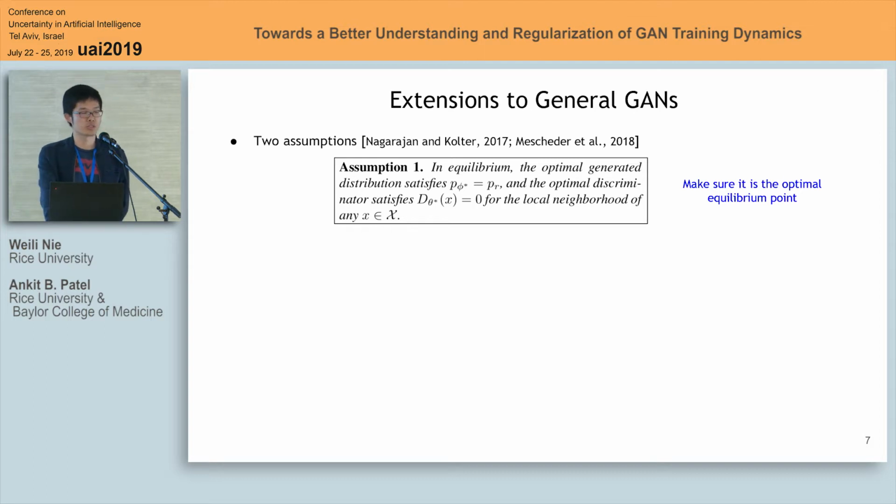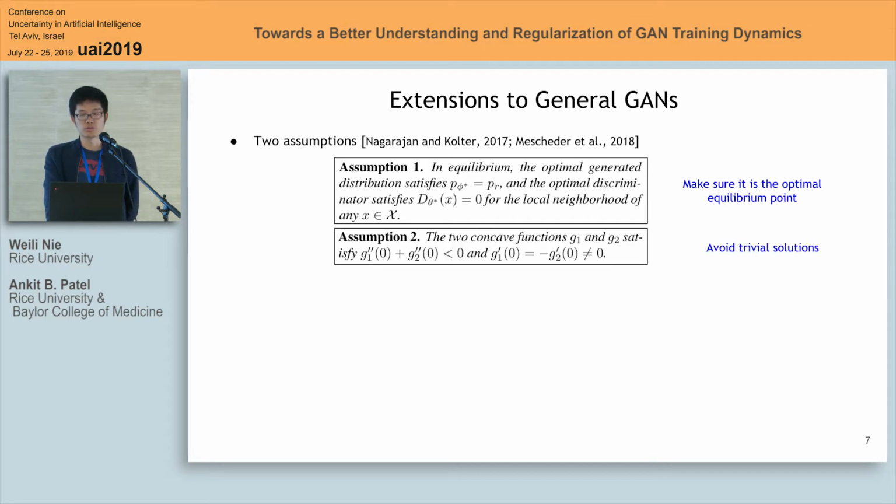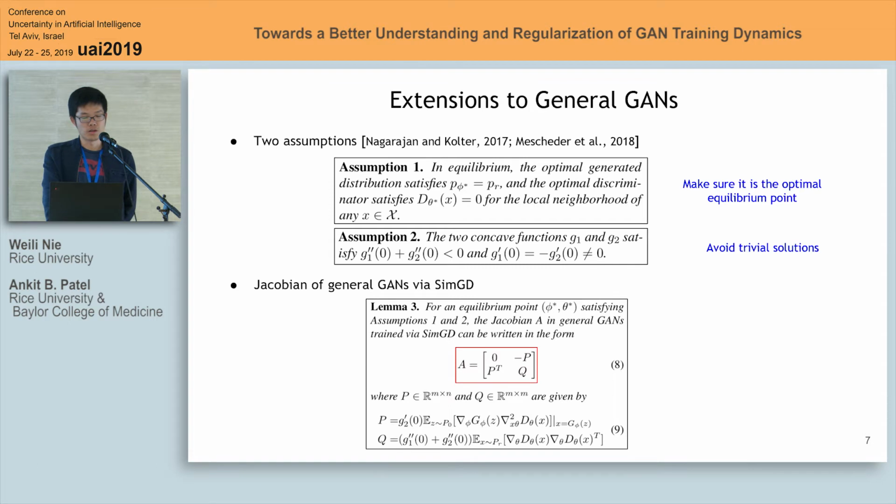Basically, this is just to make sure we are considering the optimal equilibrium point. And we also introduce the other assumption just to avoid some trivial solutions. After that, we can give the Jacobian of general GANs trained by CMGD.